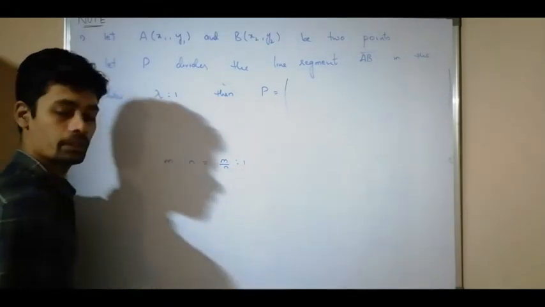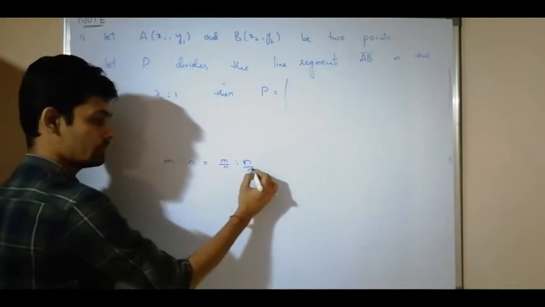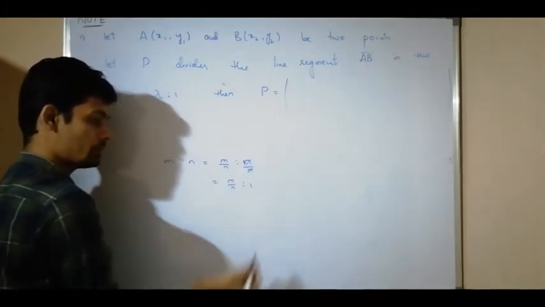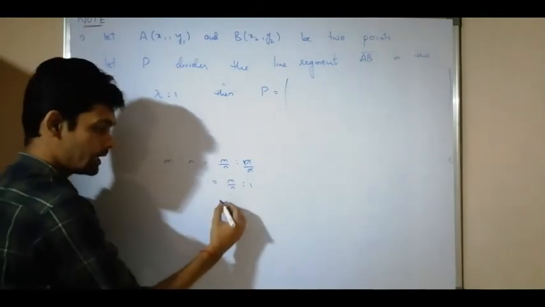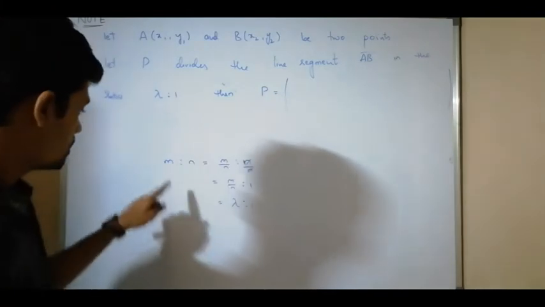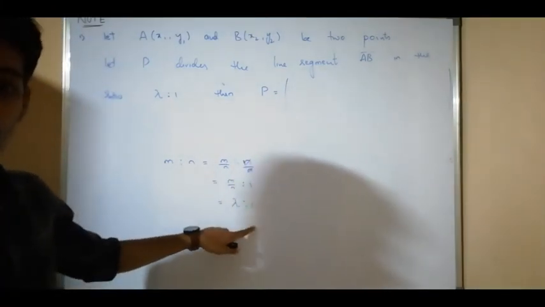I am just dividing by N on both sides, so N by N, N gets cancelled, and you get M by N is to 1. This M by N I am going to write as lambda. Means every ratio M is to N can be written as lambda is to 1.